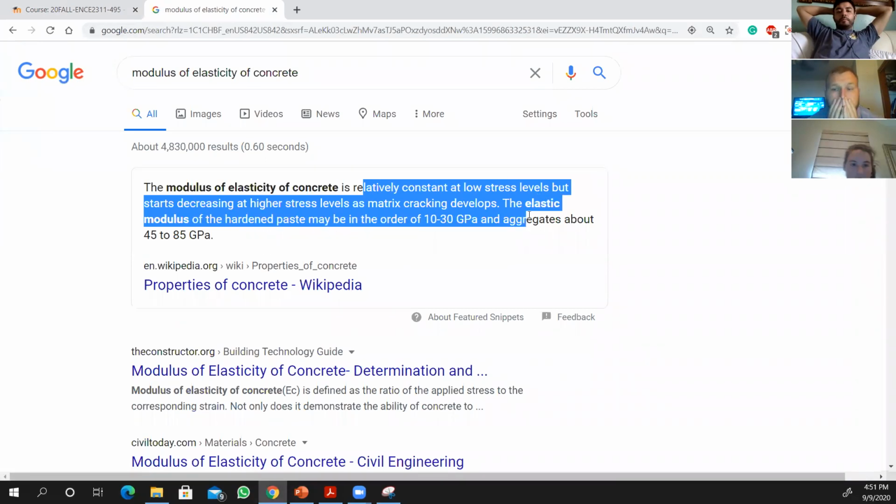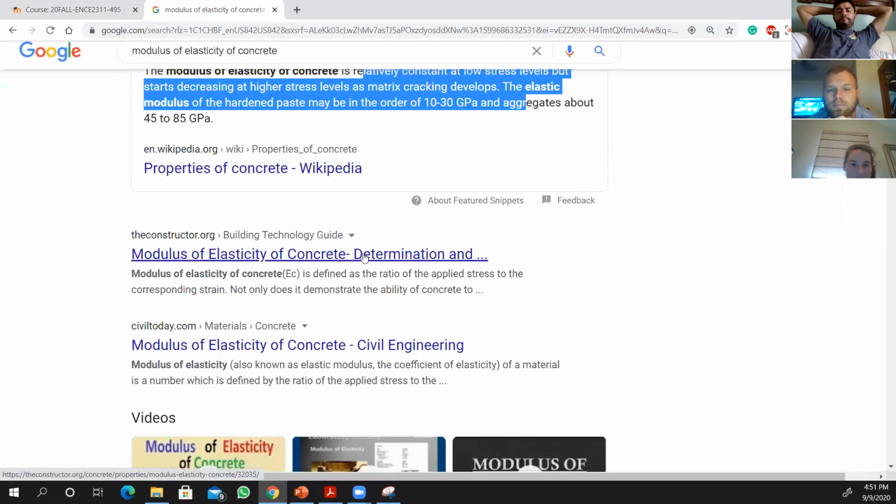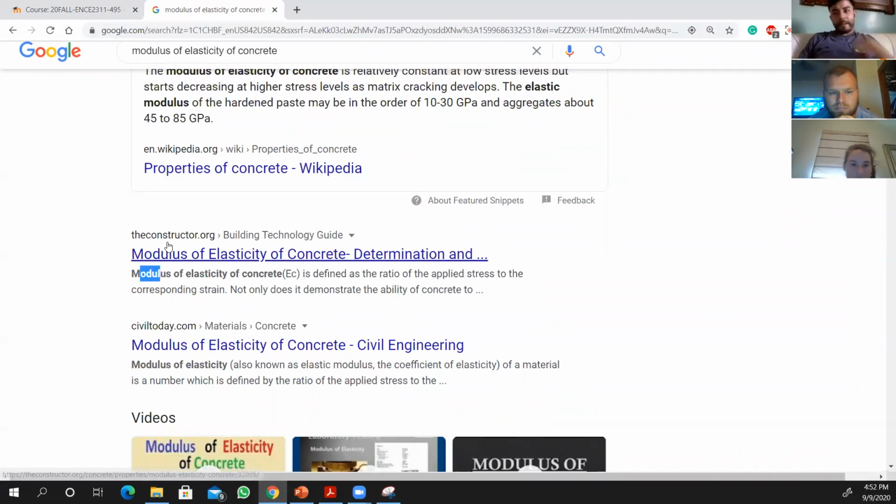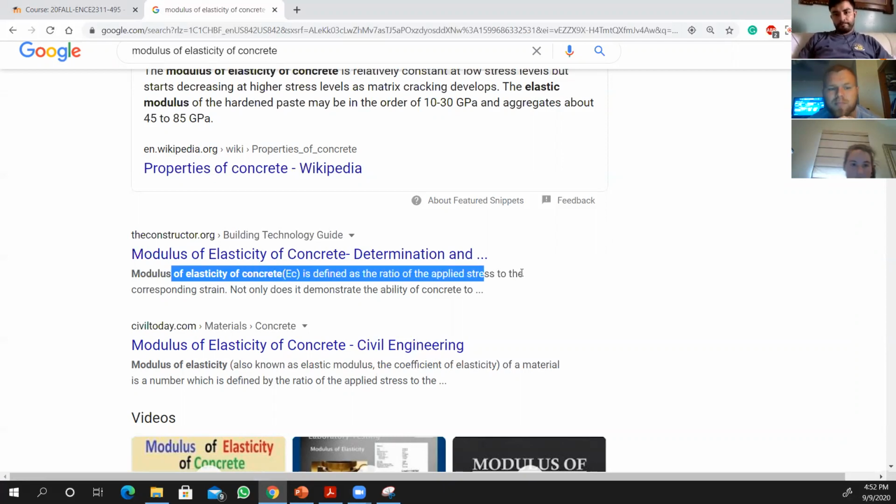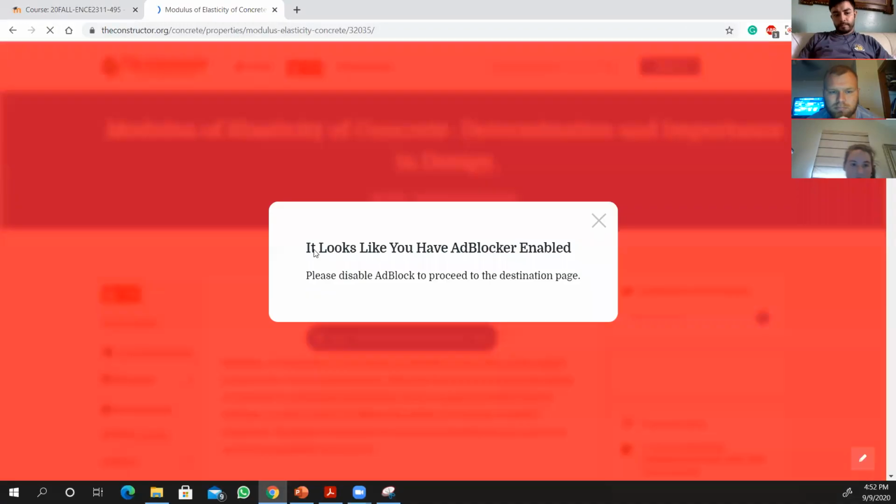This is not the answer that I'm looking for. I'm looking for a more simplified answer. Okay, right here. This is for contractors, so it's easier because they are not engineers. The modulus of elasticity of concrete, E sub C, is defined as the ratio of applied stress to the corresponding strain. Okay, this is the perfect definition.